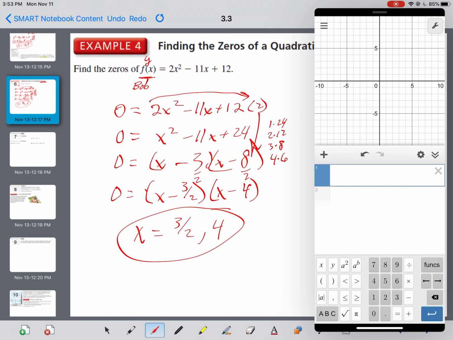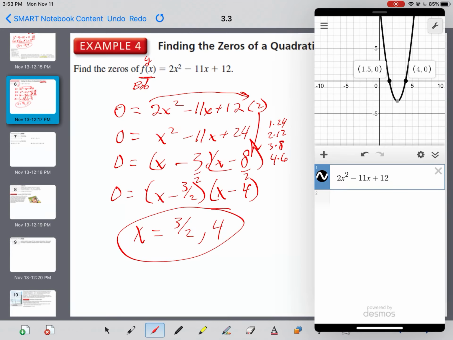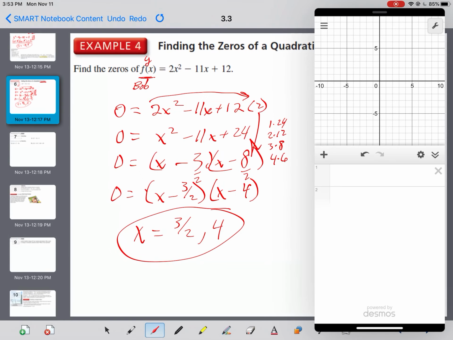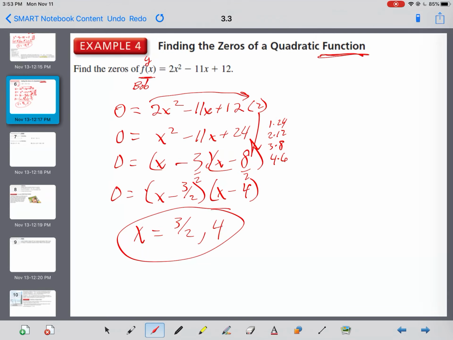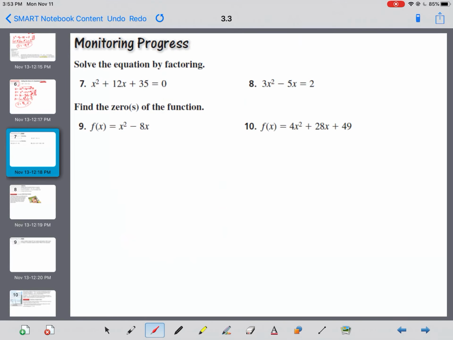We could even check our work. Let's see. 2x squared, that's what I wanted, minus 11x plus 12, and boom, boom. 1.5, that's the 3 over 2, and positive 4. Bam. Got them. So I can even check my answers graphically if I wanted to. Works out just as well.